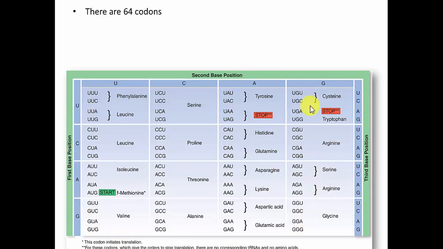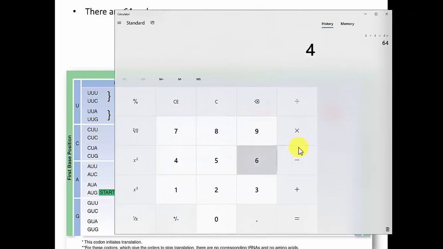And if you do the math on it, there's actually only 64 possible units that you could have. If you have only 4 bases, and this is showing RNA here, so U, C, A, and G. If you have 4 bases, and we have 3 positions we can take each base to, that is 4 to the 3rd power.